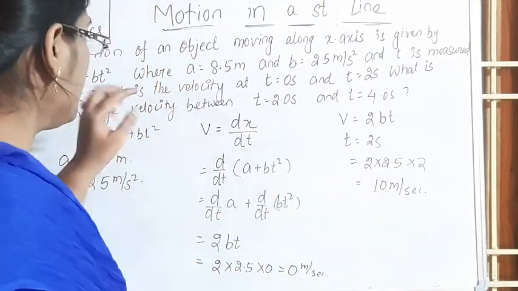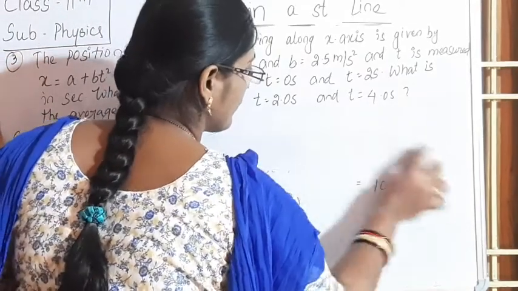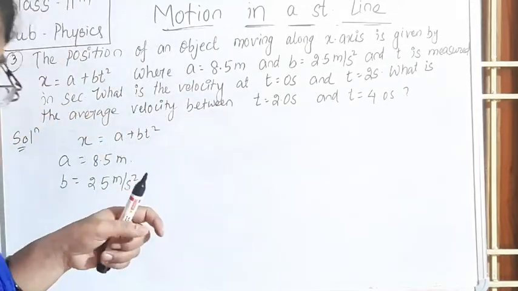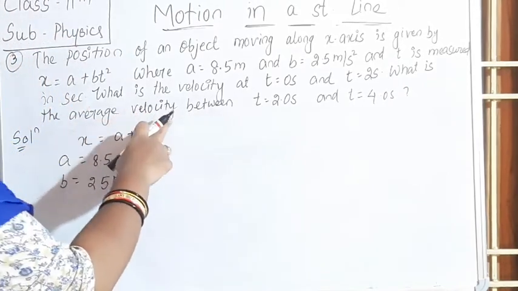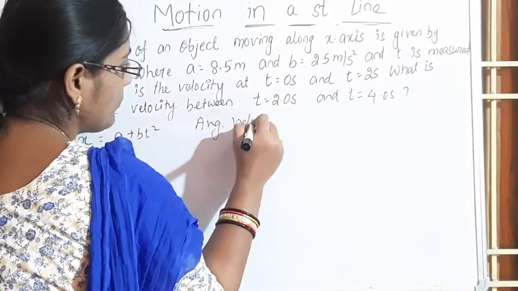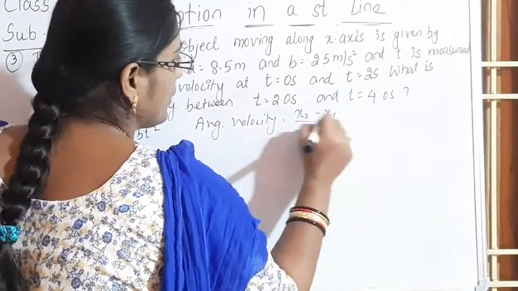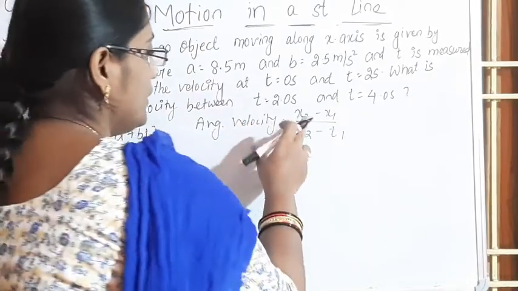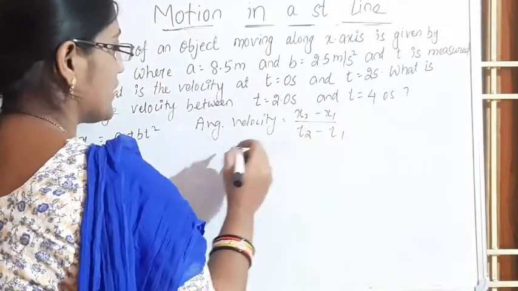Now we have to find the average velocity. Previously we have discussed the formula of average velocity. What is the formula? Average velocity is equal to displacement, or x2 minus x1 by t2 minus t1. x2 means the displacement at 4 seconds.